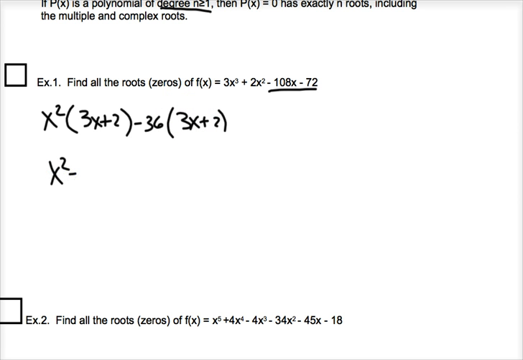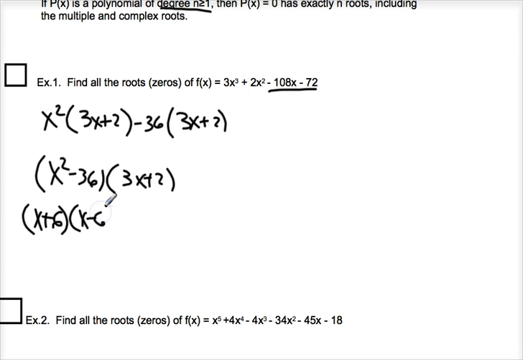That turns into x squared minus 36 times 3x plus 2. You can factor more if you need to, otherwise you should be able to tell me what the roots or zeros are already. The roots or zeros are plus or minus 6, and then negative 2/3. So there were 3 real roots on this one.